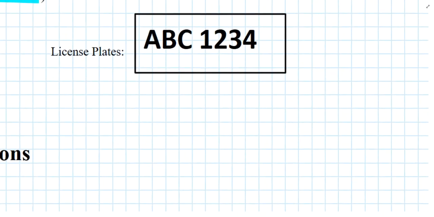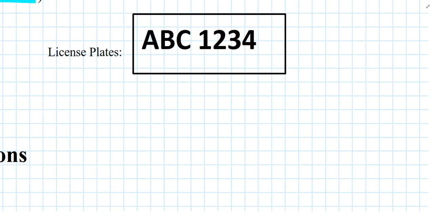In the case of license plates for vehicles, many states have decided to use 3 letters and 4 numbers to uniquely identify vehicles registered in the state. Take a moment to determine how many unique license plates can be made using this combination of letters and numbers.